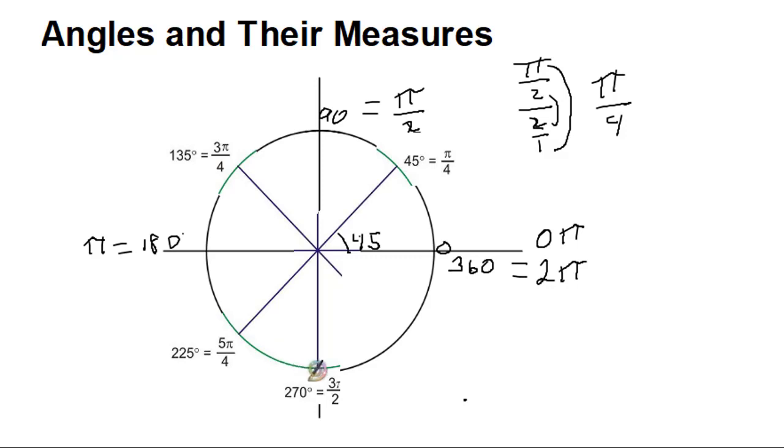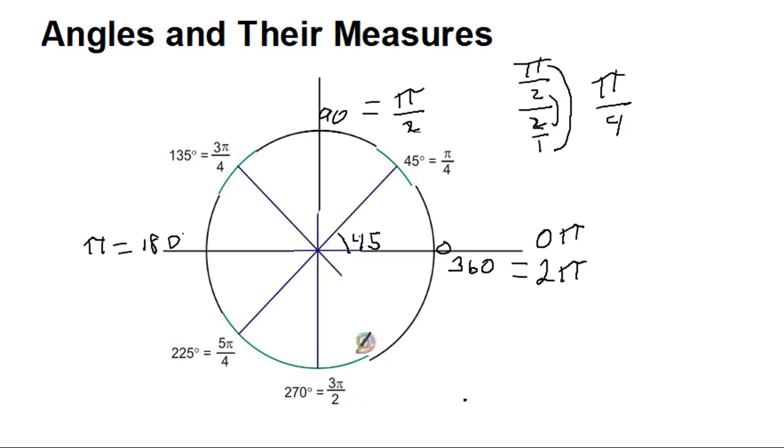And here what I have is 270 degrees. You see, 1 pi divided by 4, 2 pi divided by 4, 3 pi divided by 4, 4 pi divided by 4, 5 pi divided by 4, and here is 3 pi divided by 2.